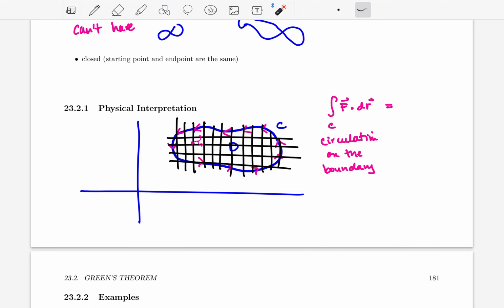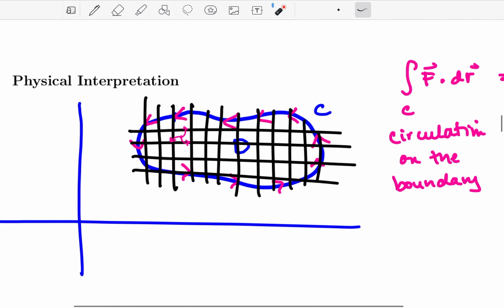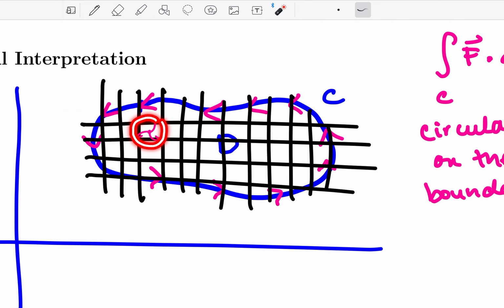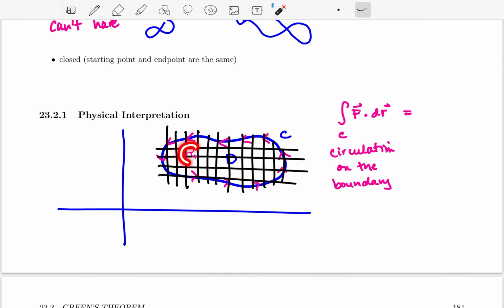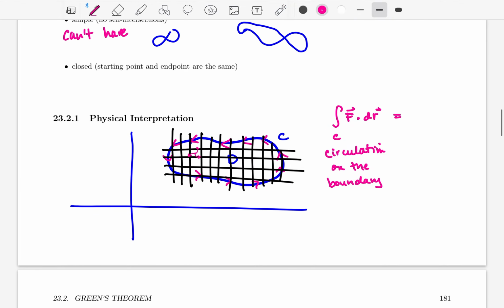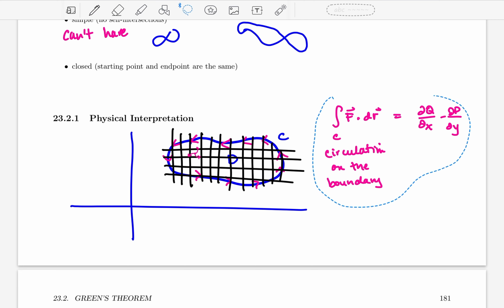And now it's going to be in terms of A. So the circulation here is just the curl. Well, now I'm in 2D, but it's the same formula. So if I'm here, the circulation just at this spot is given by dQ/dx minus dP/dy. That's the circulation at one of the points.